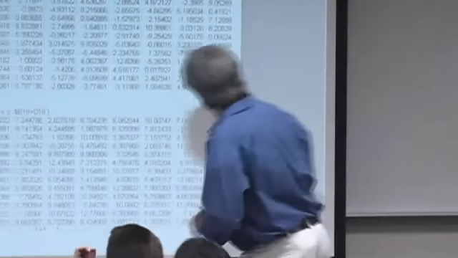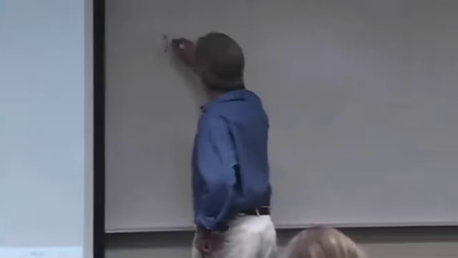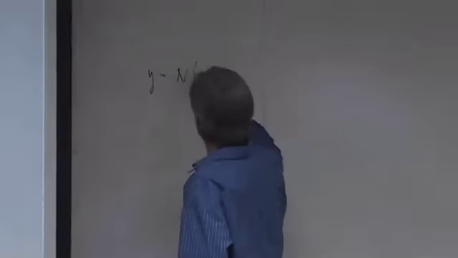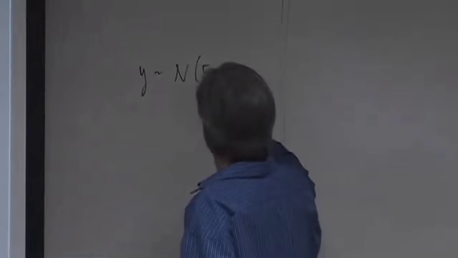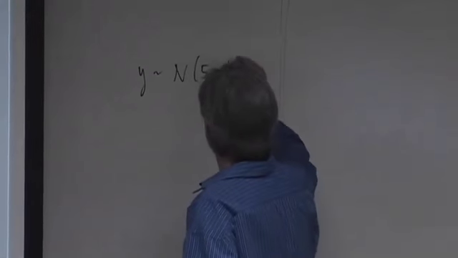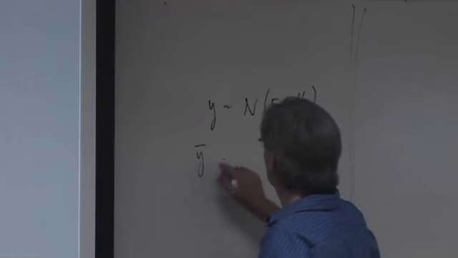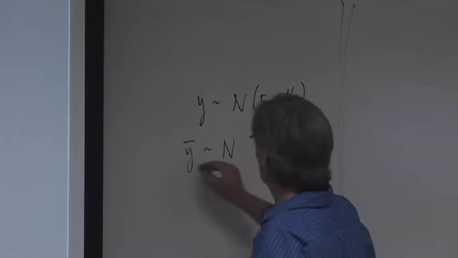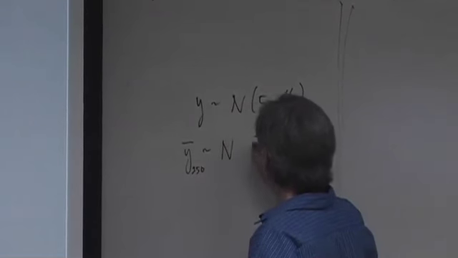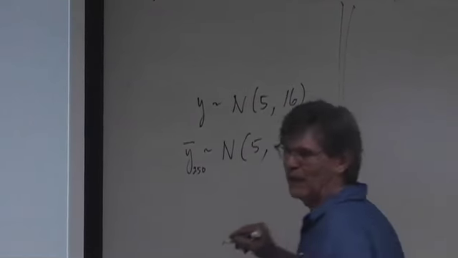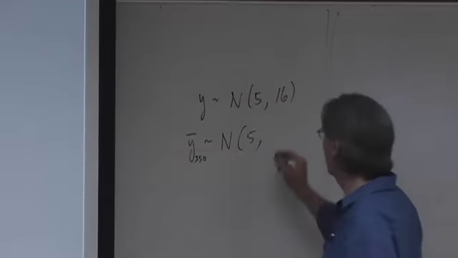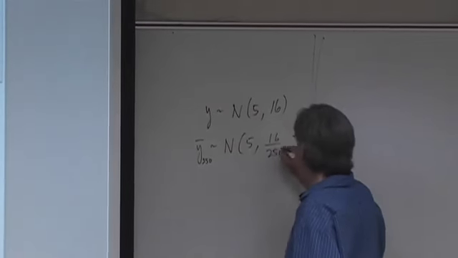What is y bar? If y is normal with mean 5 and the variance is 16, then y bar of 250 would be normal with mean 5 and variance 16 over 250.